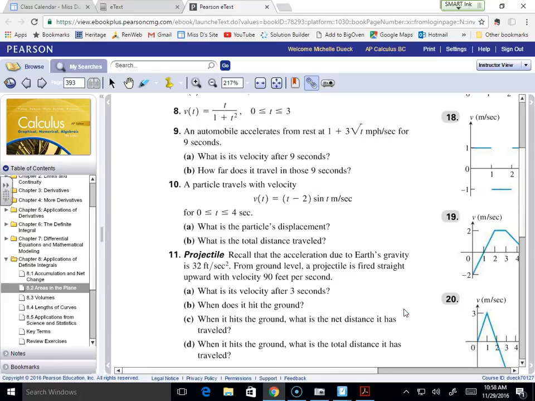You guys already found 9A though, right? Yeah. So then go ahead, we need 9A in order to get to 9B. What do you guys figure out for the velocity after 9 seconds? 63. Okay. How far does it travel in those 9 seconds? Now that goes back to position, but what's the dilemma with what we've been given?